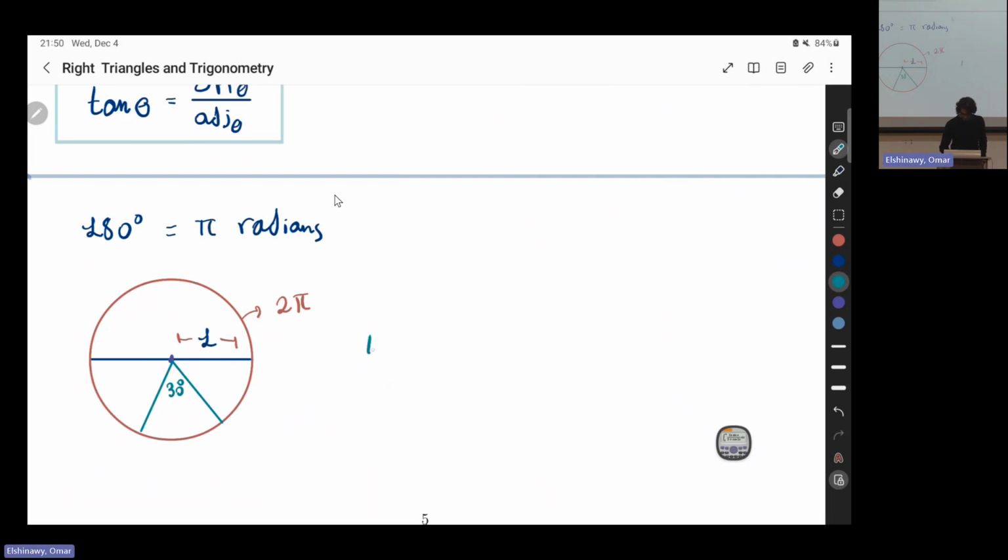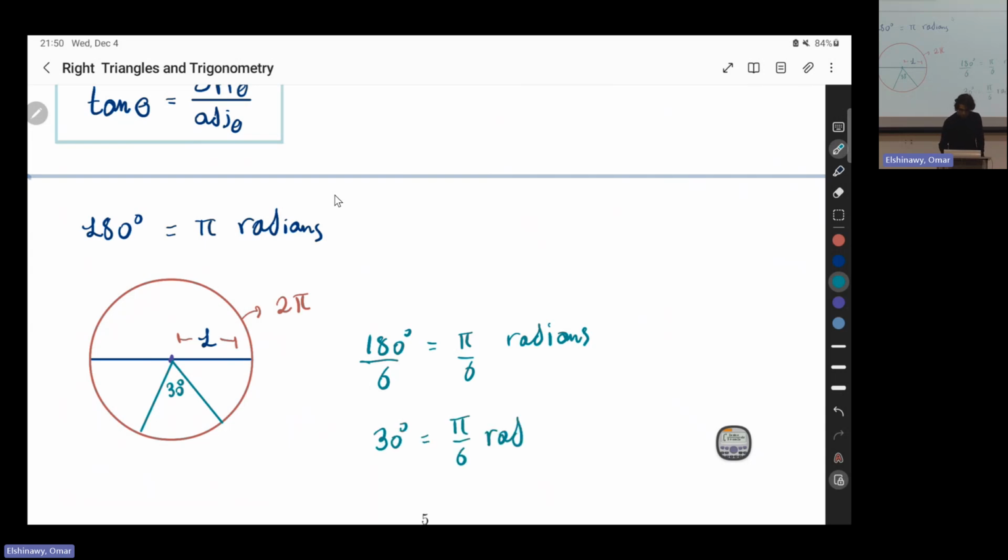So if this is true, pi radians, then if I want to get 30, I need to divide by 6. And then if I do this, I get 30 degrees is equal to pi over 6 radians.